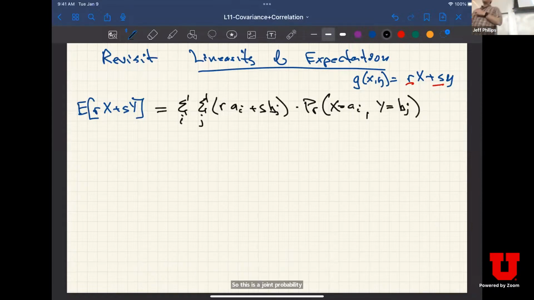This is how I write out the expectation of a linear function of these two random variables, X and Y. I sum over all possible values they both can take, multiply that function of their values times the probability that they take on those values.